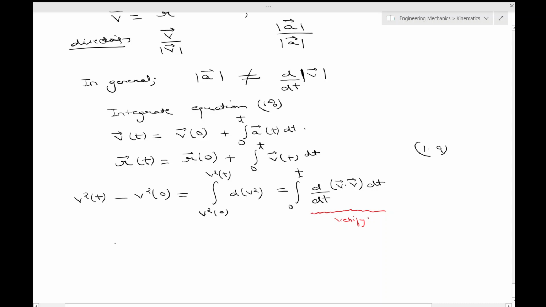Now this again can be written as, you can apply the chain rule of differentiation.